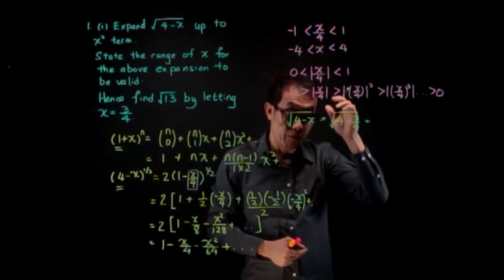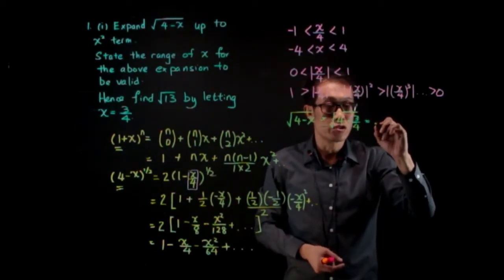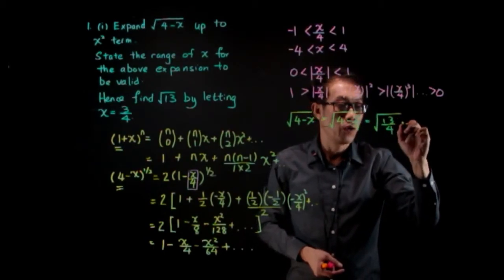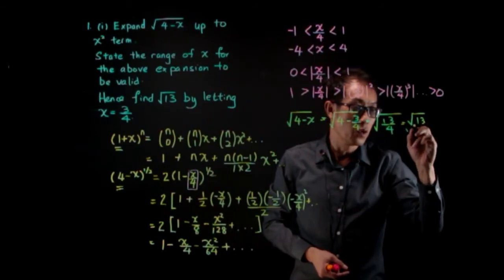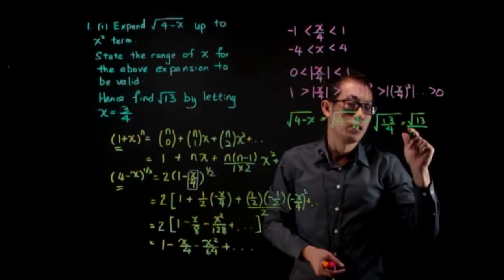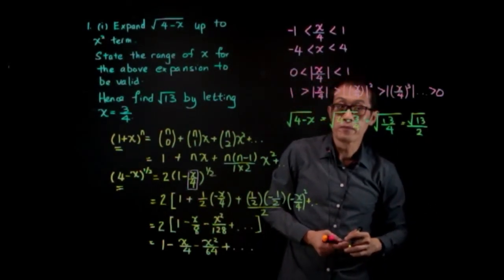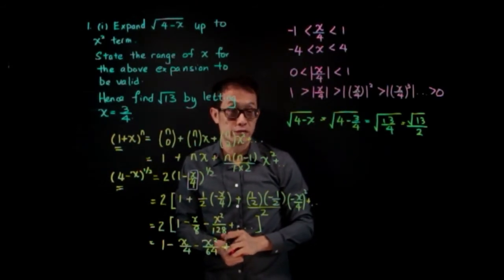Now what is 4 minus 3 over 4? This is 16 over 4, so minus 3 over 4 is root 13 over 4, which is equal to root 13 over 2. That is for x equals 3 over 4.